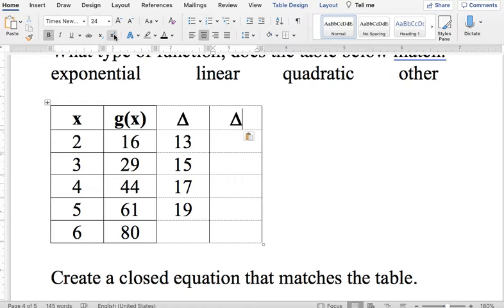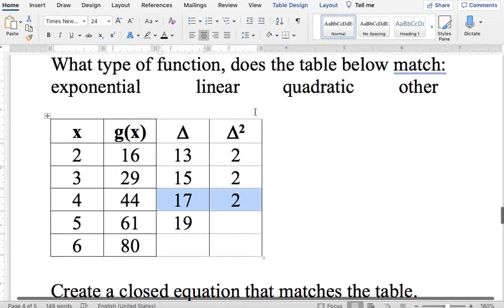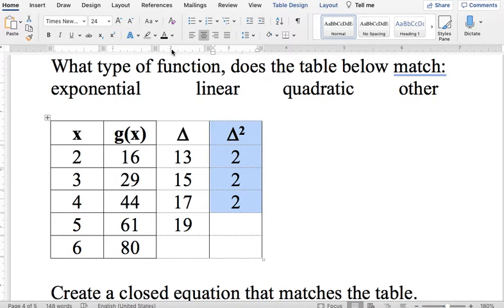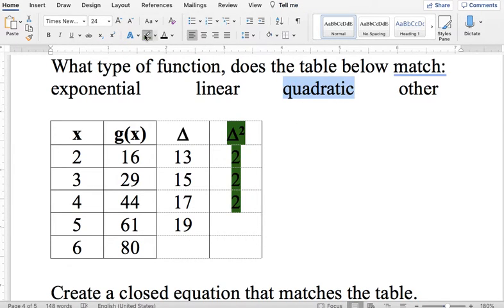And my second difference column, it's a positive 2, positive 2, positive 2. 13 plus 2, 15. 15 plus 2, 17. 17 plus 2, 19. So once again, because my second difference column is always plus, plus, plus the same number, this is a quadratic.